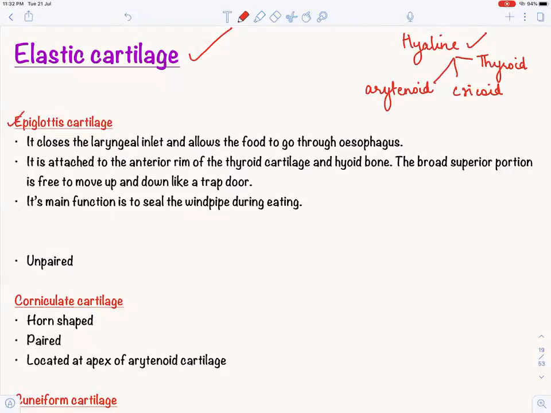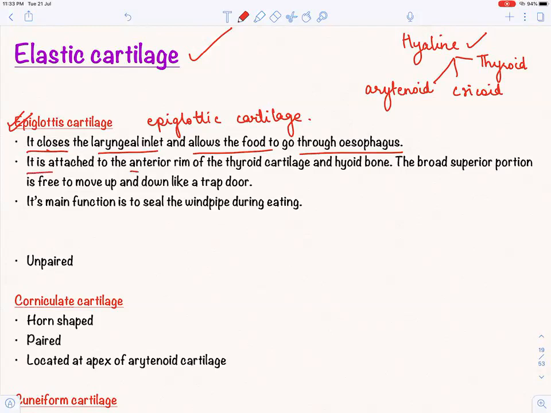The first thing is epiglottis. We also say epiglottic cartilage; in some books it's written as epiglottic cartilage. What is the function? It closes the laryngeal inlet and allows the food to go through the esophagus. Generally it's open, but when we are eating, it closes the trachea.